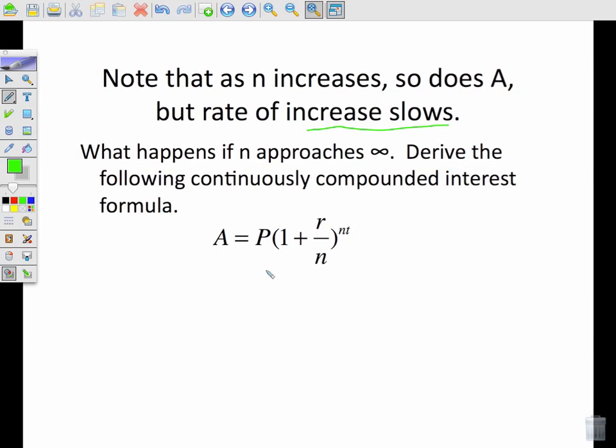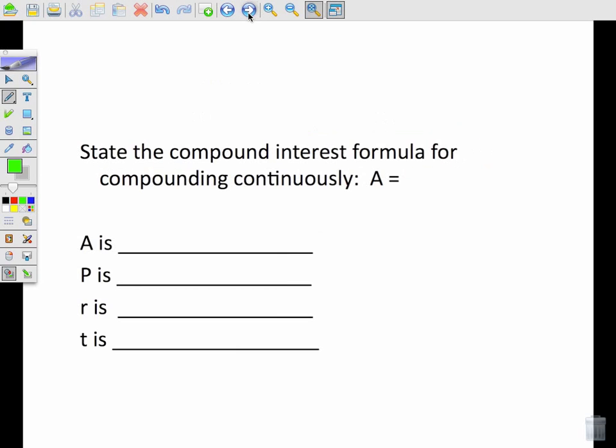All right, I'm not going to derive this formula at this point in time. I'll have a video for that if you're interested. Let's go ahead and go to the continuous formula. Here's how you find compound interest if it's compounded continuously. It's A equals P for principal.